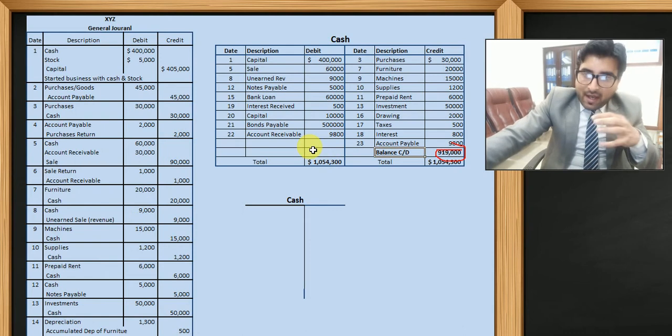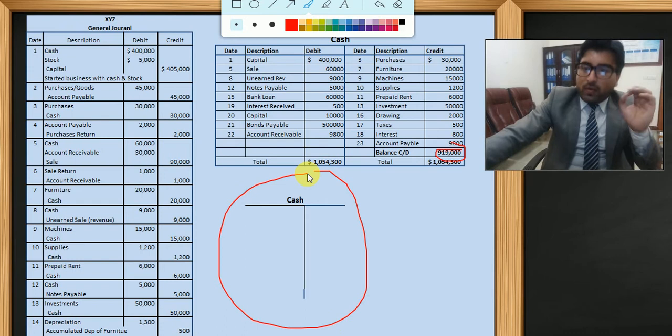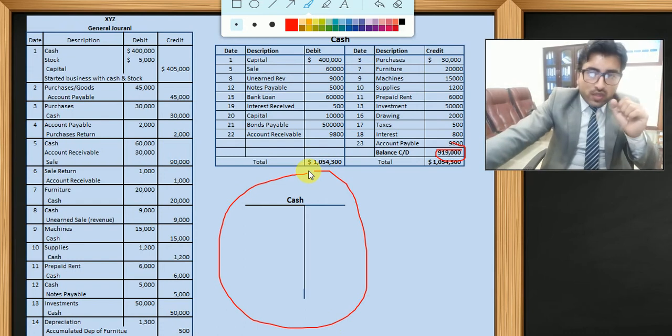Now for the sake of simplicity and lack of time, we are using this T format for our purpose. So dear students, posting transactions into this format is very easy. So this is the debit side and this is the credit side.